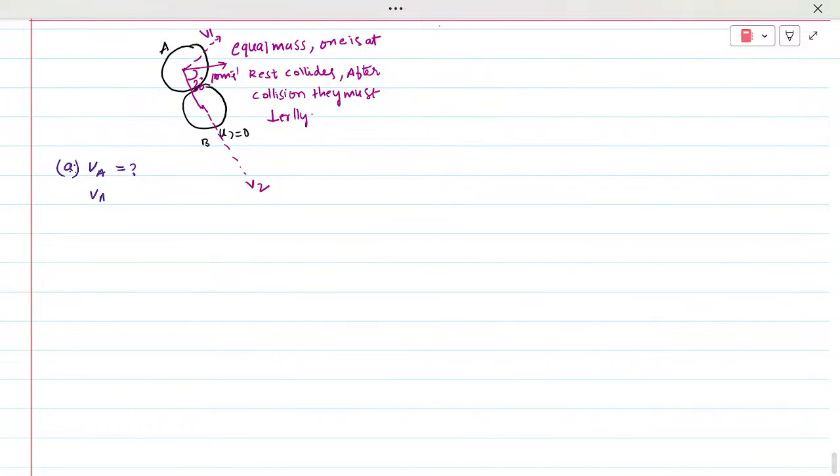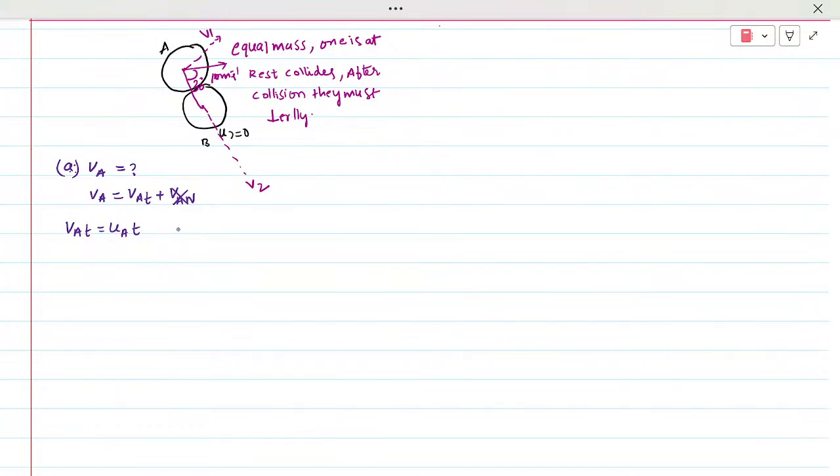Velocity of A is equal to VA tangent plus VA normal. VA normal is 0. It is not moving normally after collision, therefore VA tangent. So VA tangent is equal to the initial velocity UA tangent. Why?